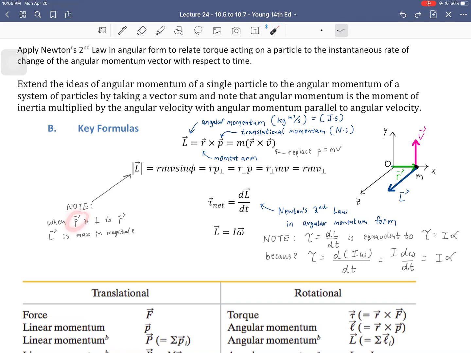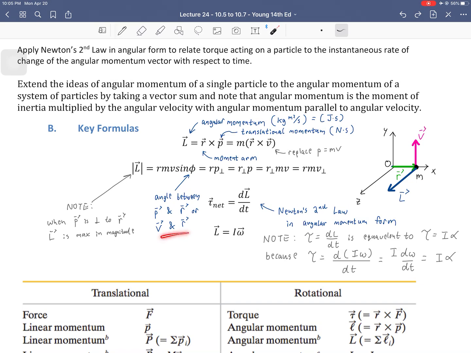When p is perpendicular to r, angular momentum is at maximum magnitude, because phi represents the angle between p and r. If phi is 90, then sine of 90 is 1, and your angular momentum would just be r m v. That's the biggest it can be.